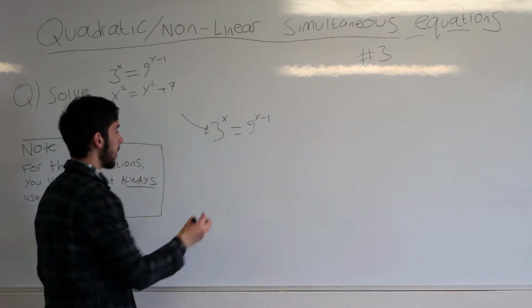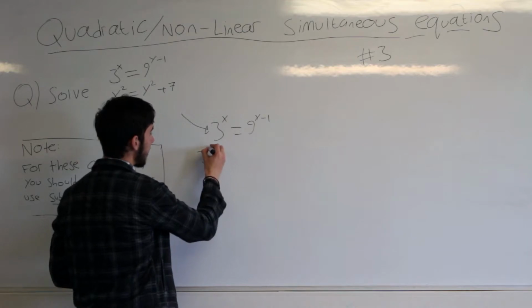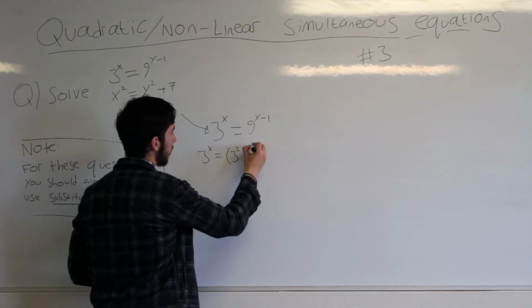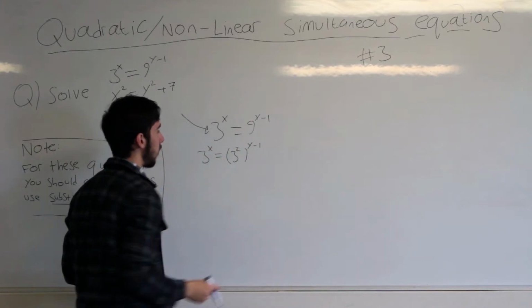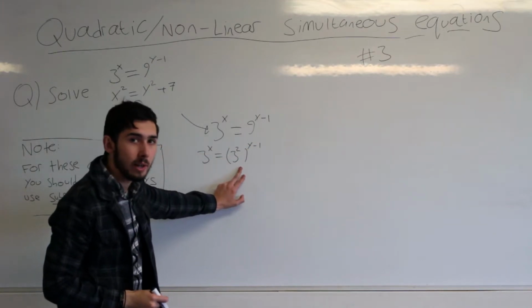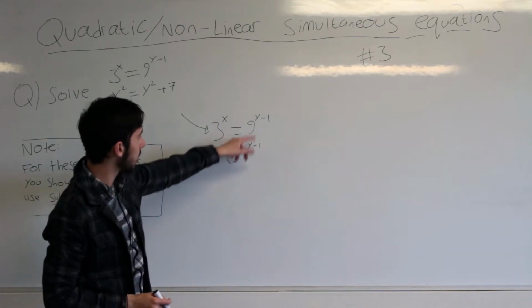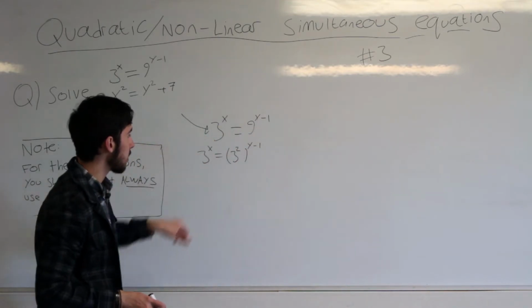So I'm going to say 3 to the x equals 3 to the power of 2, to the power of y minus 1, because 3 to the power of 2 is 9. So these are the same thing.